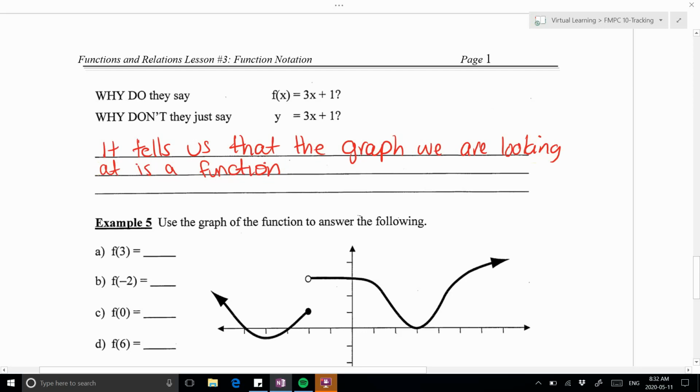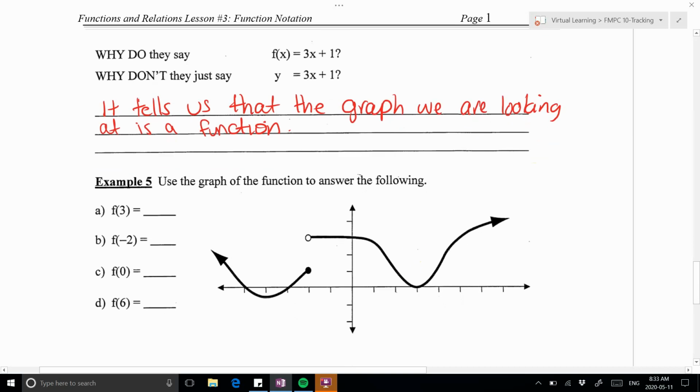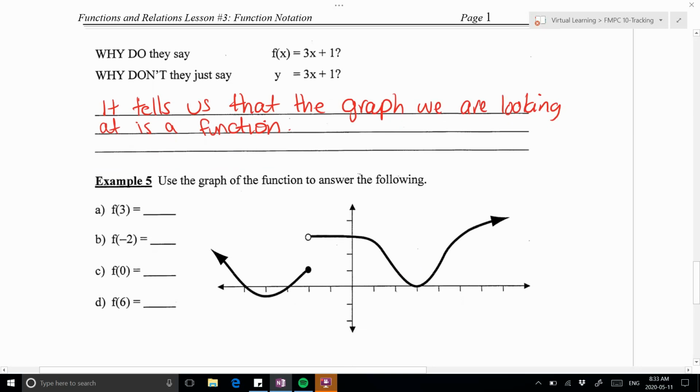Meaning that every x value will have only one y value, right? And so that can be really important to know when we're looking at graphs, because if you get something that doesn't match that rule, it might signal that you're doing something wrong.